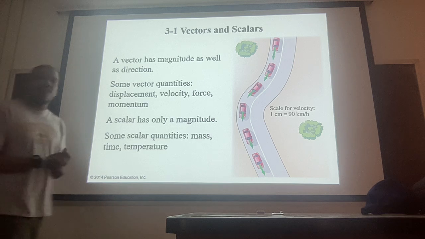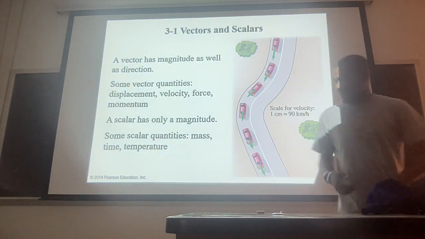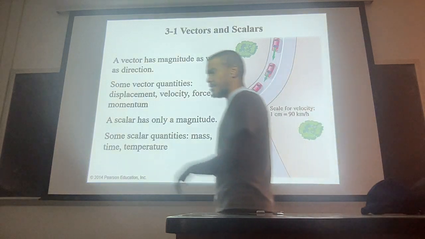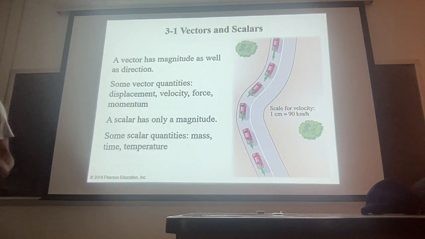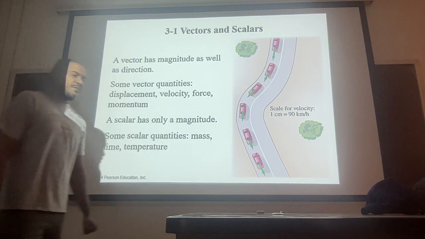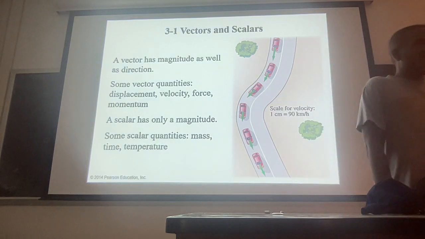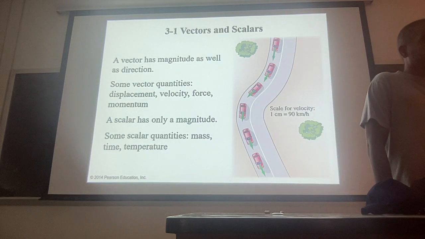But some other ones are temperature and mass. And mass is what we call an intrinsic property of an object, meaning that it fundamentally does not change, unless you change the atomic structure of the object.